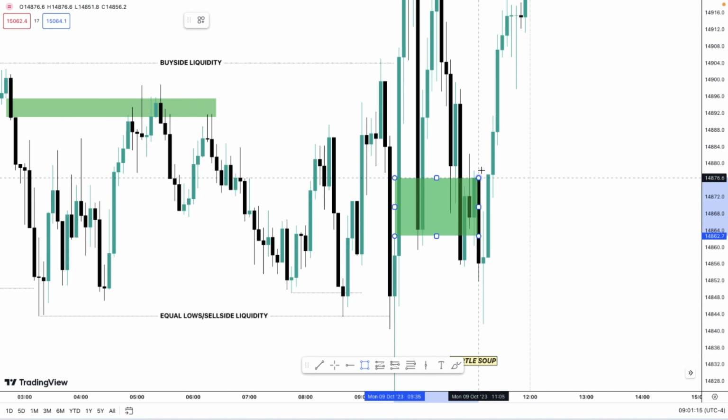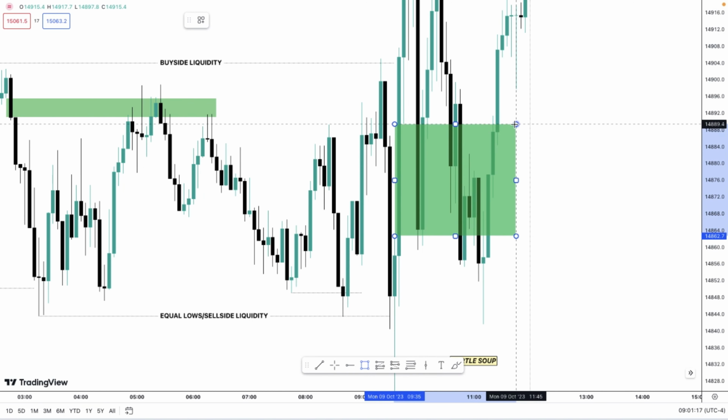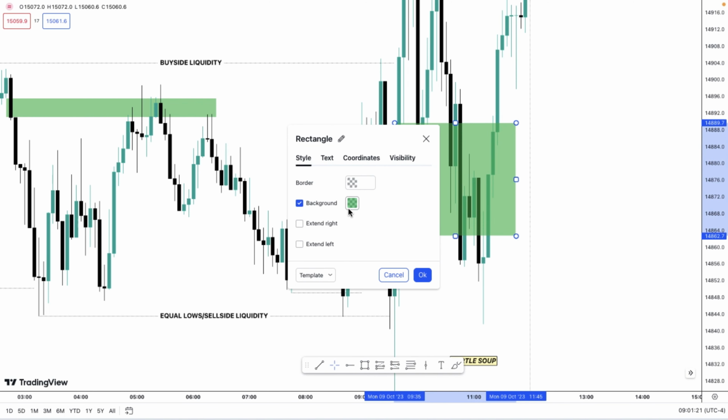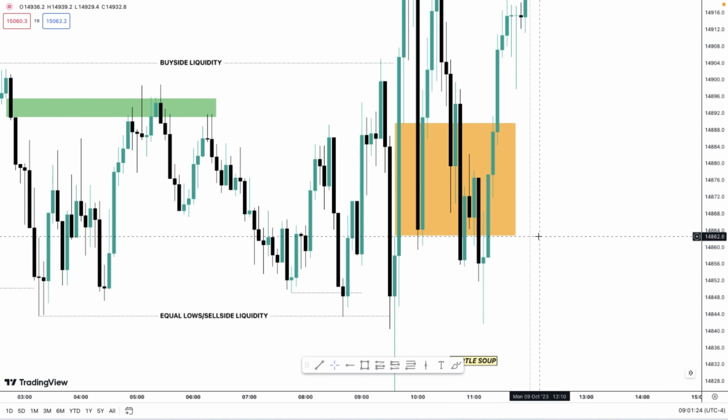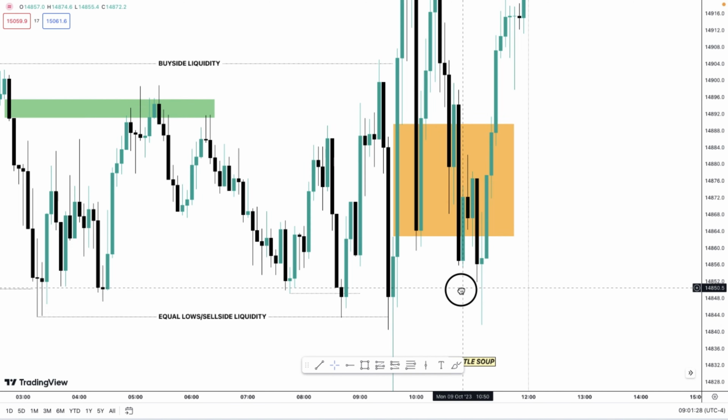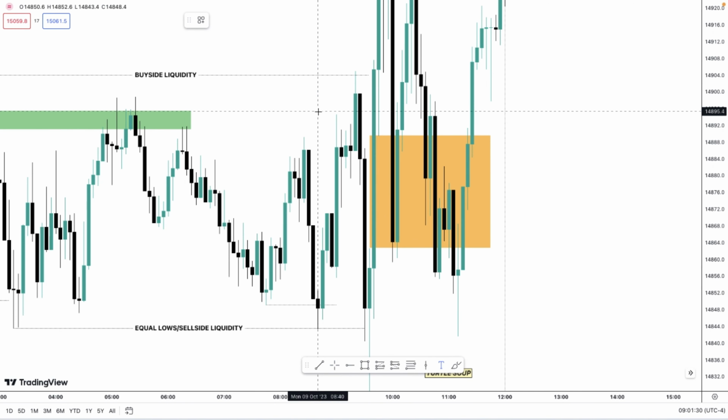So this is the 2022 model. I made a video on this, the ICT 2022 model, where he teaches the ICT 2022 mentorship. Every ICT student should start there basically, but it is what it is.